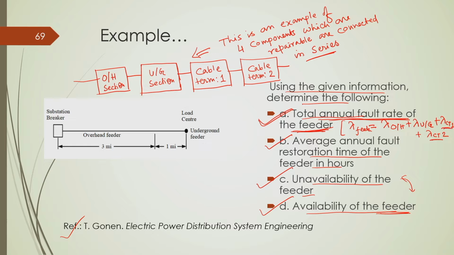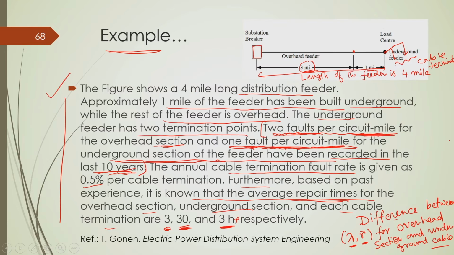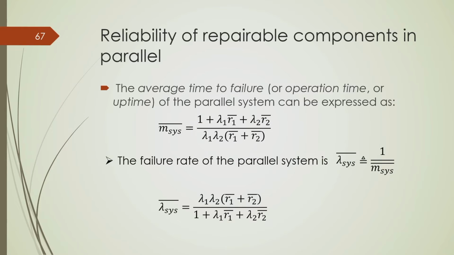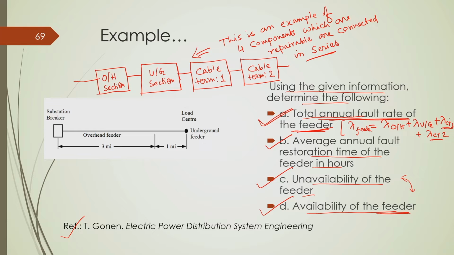Since both are identical, because it is mentioned that the annual cable termination fault rate is given as 0.5% per cable termination, both cable terminations have the same failure rate. So, lambda CT1 and lambda CT2 are equal.